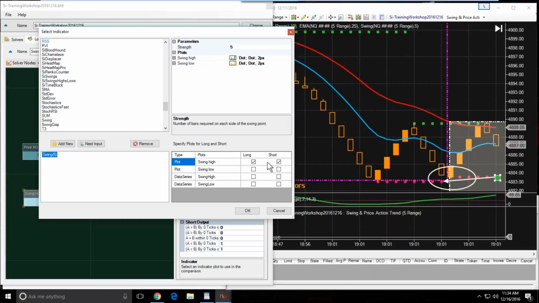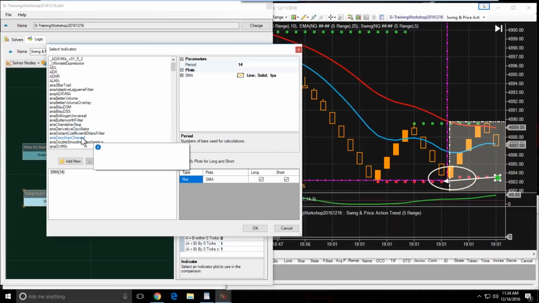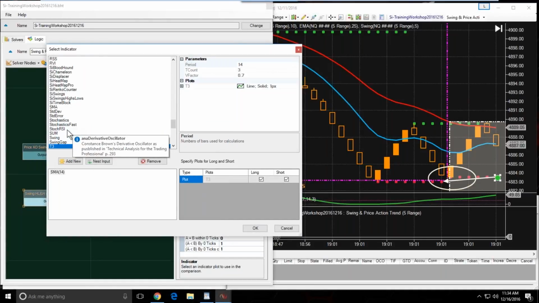So we're going to use the swing low to generate a long signal, and we're going to use the swing high. When the swing high steps down, we're going to use the swing high to generate a short output. Okay, and so we need to do the same thing here for indicator B. We're going to do the exact same thing.